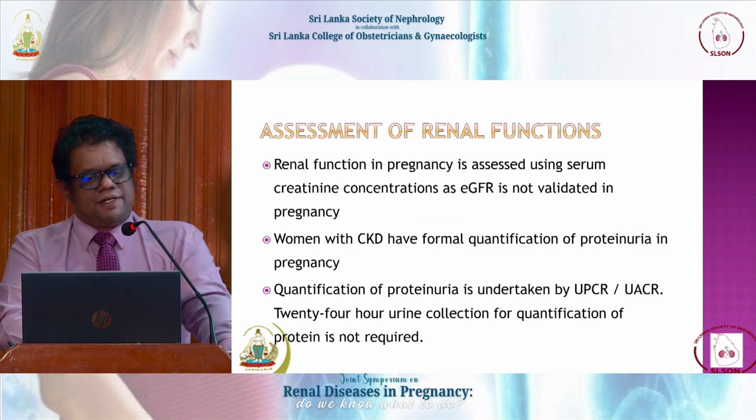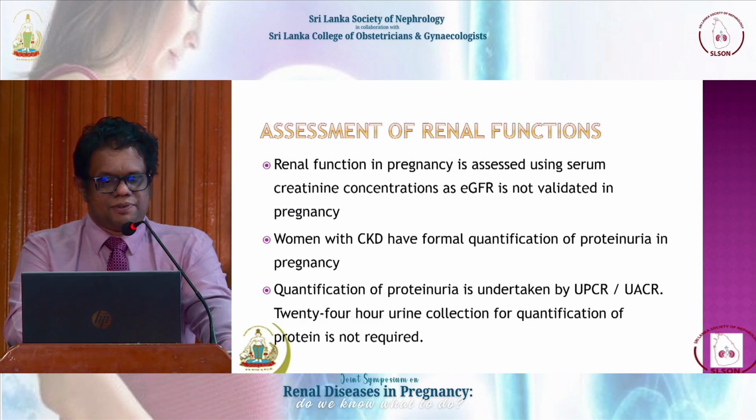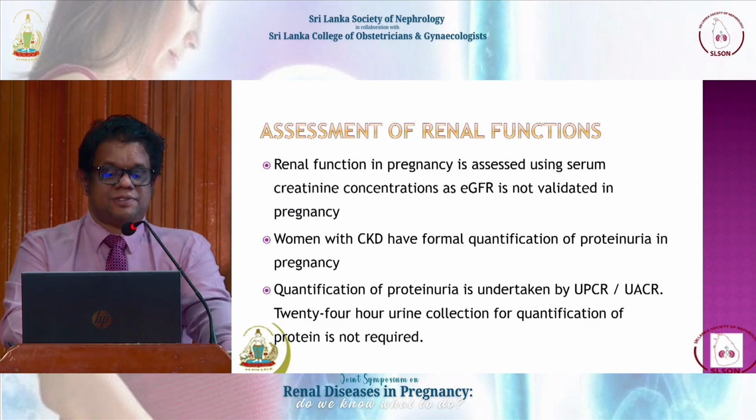Assessment of renal function during pregnancy is done using serum creatinine because the eGFR is not validated in pregnancy. Women with CKD have formal quantification of proteinuria in pregnancy, as for any CKD patient. This quantification can be done using urine protein creatinine ratio or urine albumin creatinine ratio.